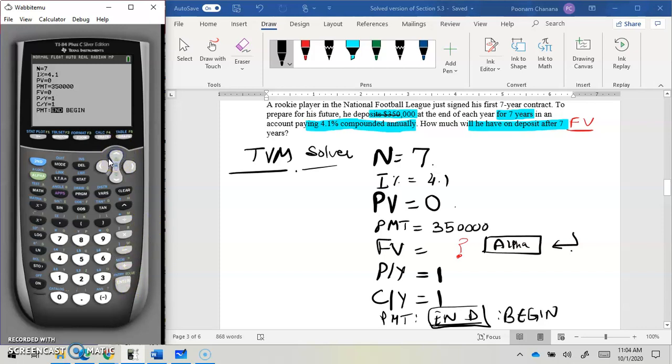Now I go back up at the future value because that is unknown. That is what we have to find, right? So I'm going to press alpha and enter, and I'm gonna get my answer. So what does that give me? That the future value is given to be this.